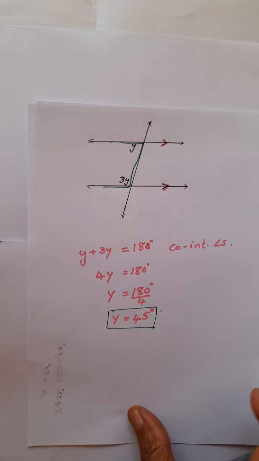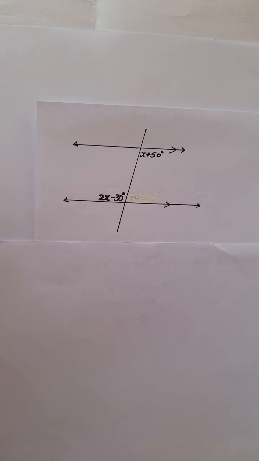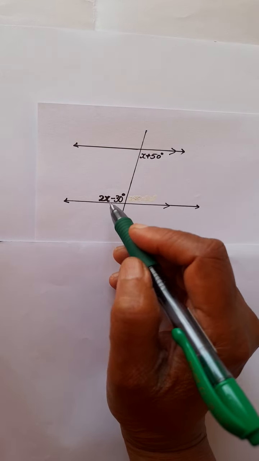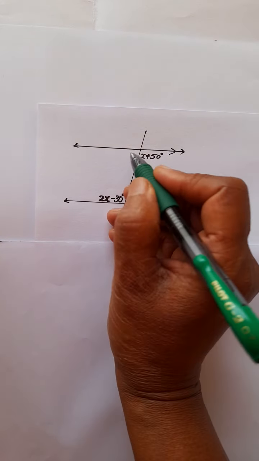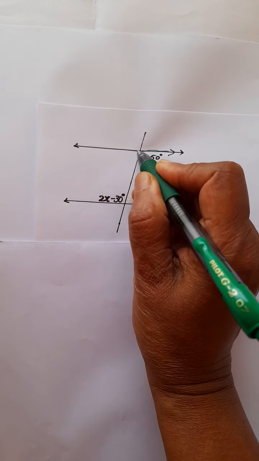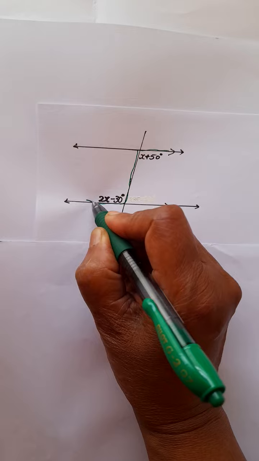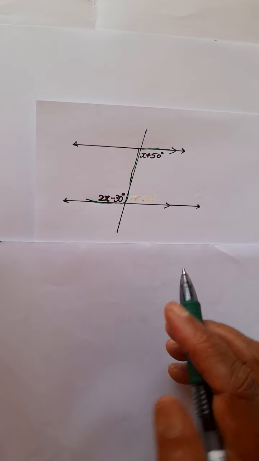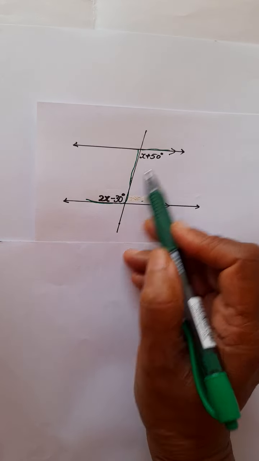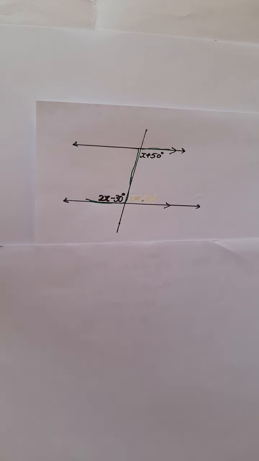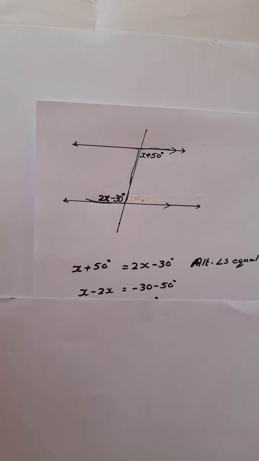Then let's do the last question here. We have to calculate the value of x first, and as we see here, this forms a Z angle. So this is equal to that, they are alternate angles. So let's find the size of x.